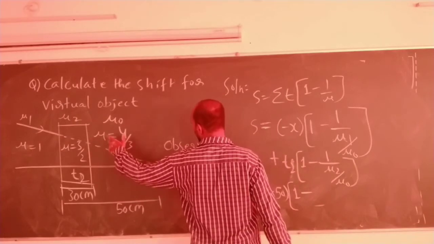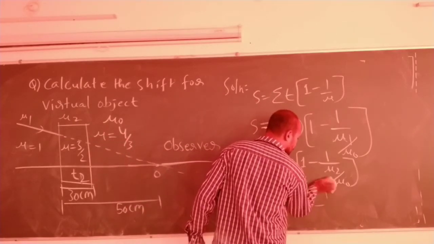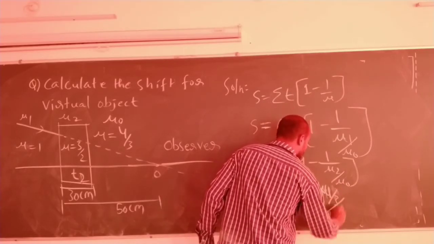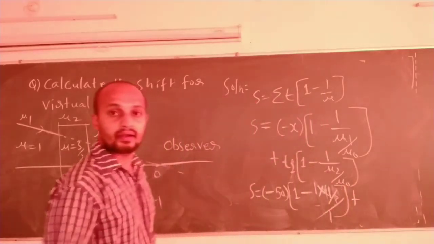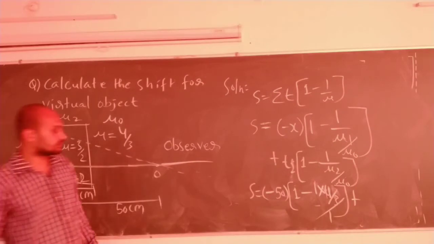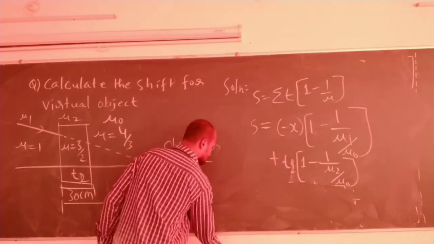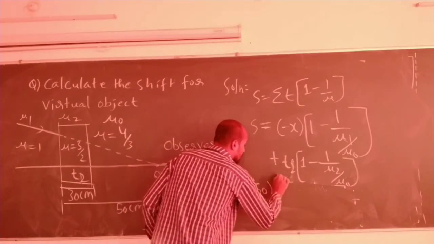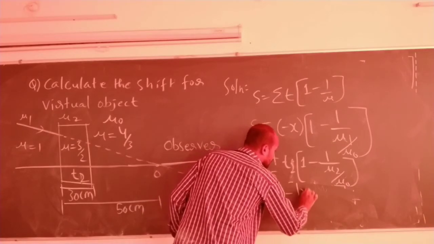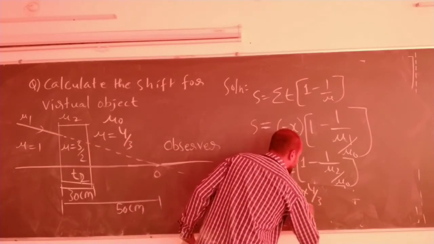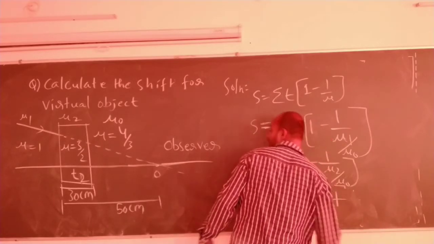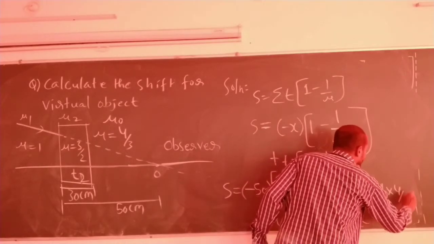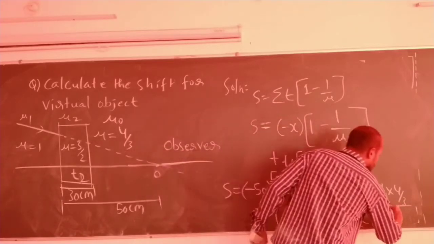Mu1 is 1, mu naught is 4 by 3, so 1 into 4 by 3, plus 30 into 1 minus 1 into 4 by 3 divided by 3 by 2.